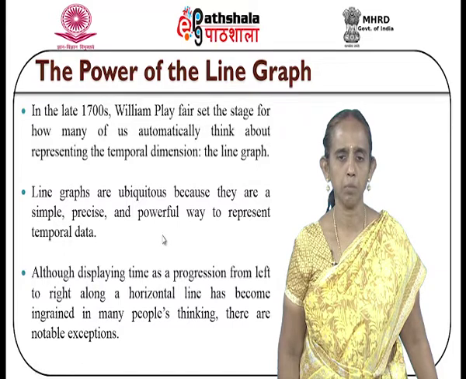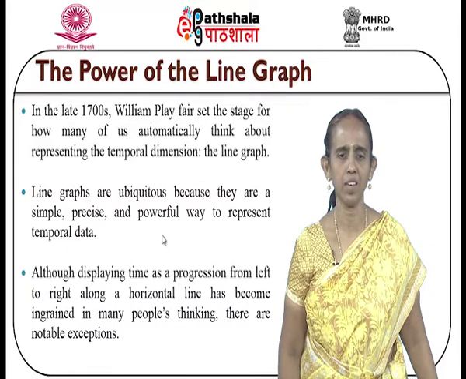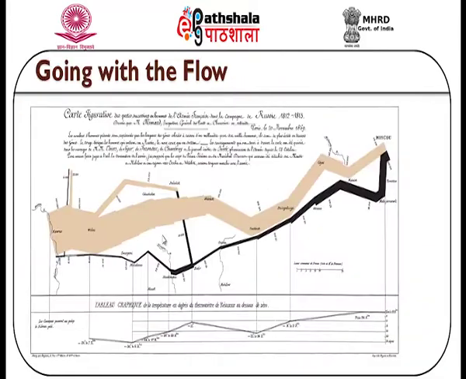Although displaying time as a progression from left to right along a horizontal line has become ingrained in many people's thinking, there are notable exceptions. If we look at the flow of time diagram, here we can see how the time goes from the left hand side to the right hand side within some time period.